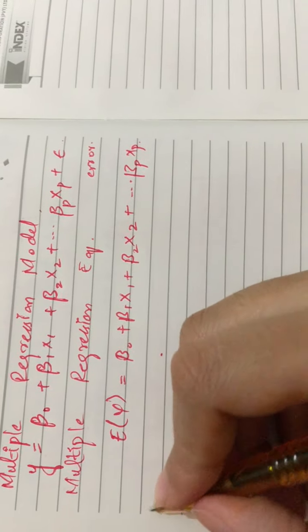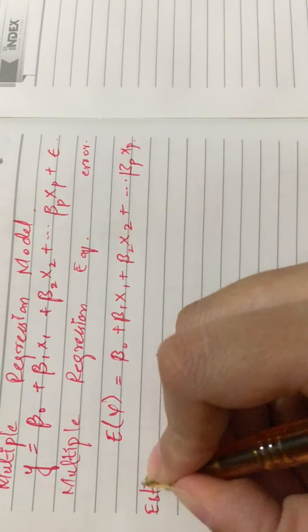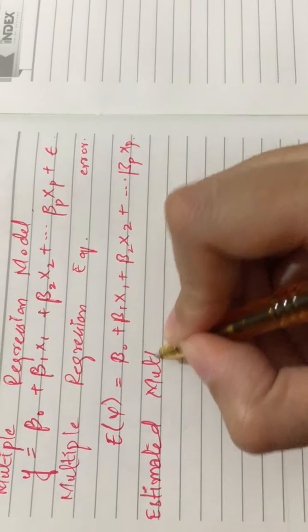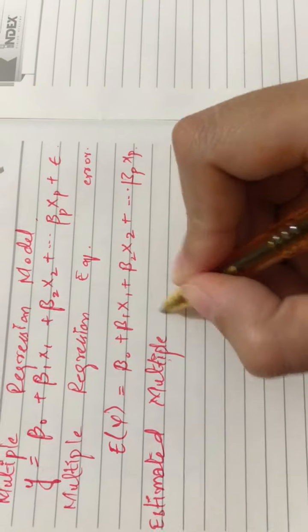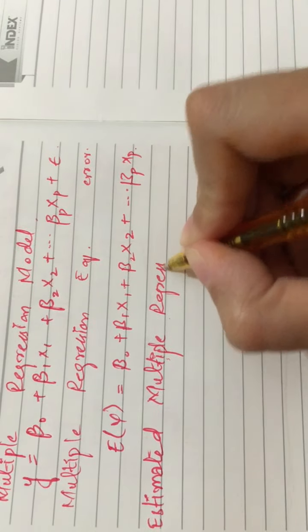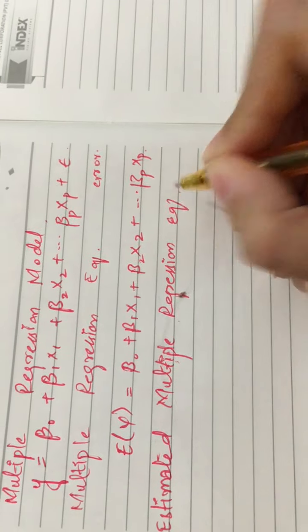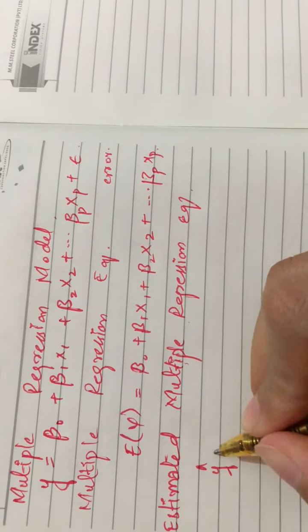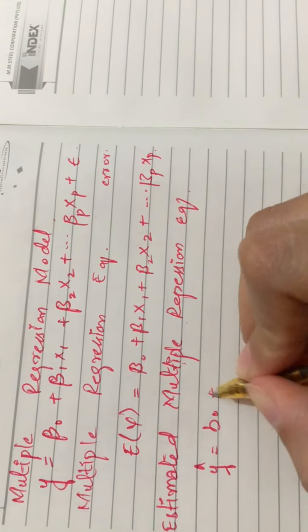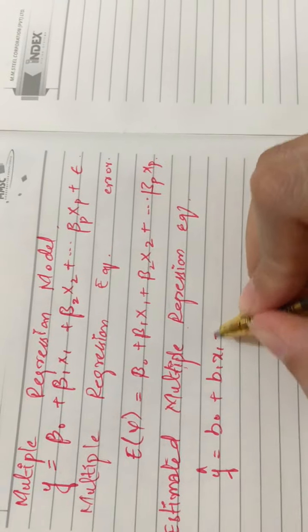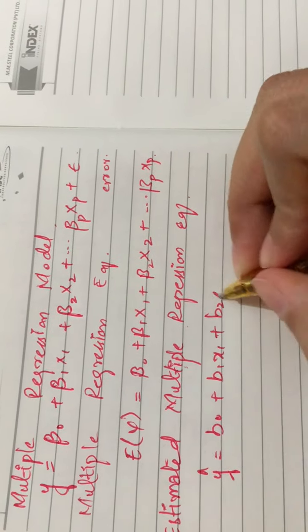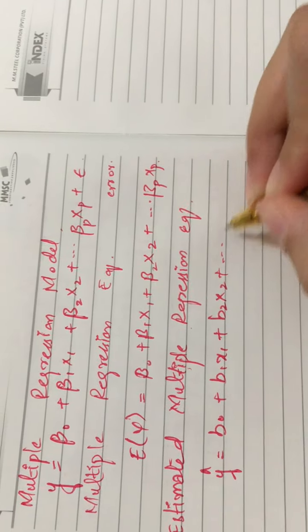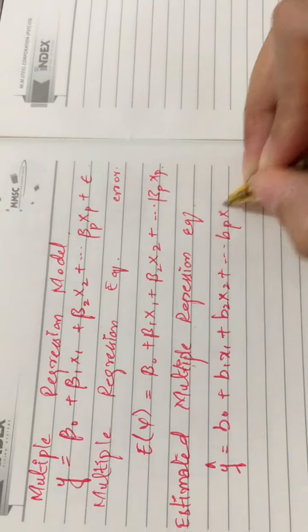And next we have the estimated multiple regression equation. I can write it as y cap, that is equals to beta naught plus beta 1 x1 plus b2 x2 plus up to so on bp xp.